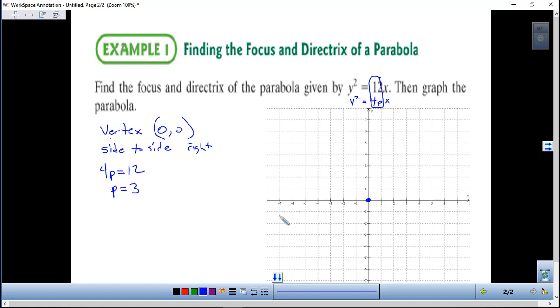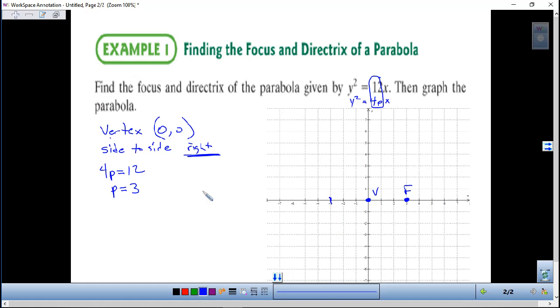So what the directed distance means is that since we know it's opening left and right, or specifically in this case to the right, we're going to move 1, 2, 3 units over, and that's going to be the focus. Now, in the same way, since we know that p is 3 units in this direction, the directrix is 3 units in the opposite direction.